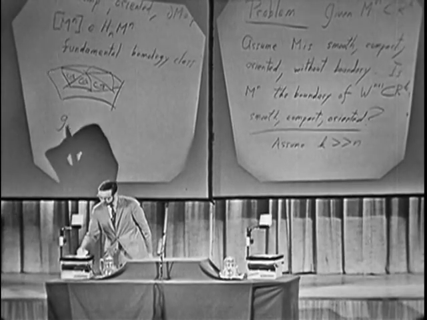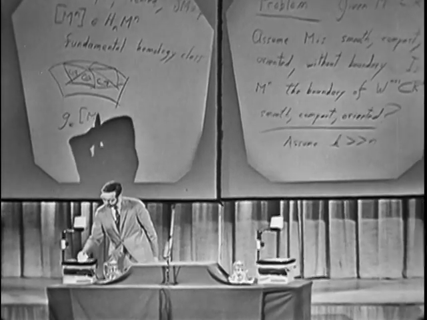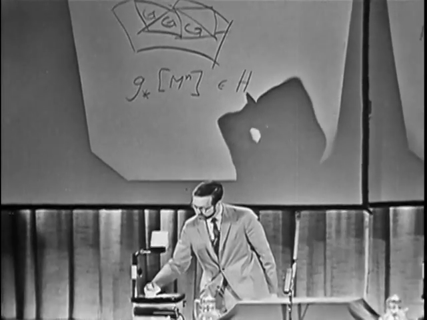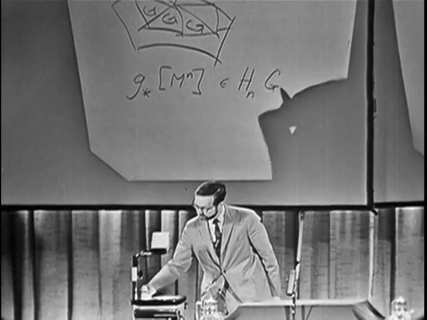So I'll take G star of [M]. And this is a homology class of dimension n in the Grassmann manifold.